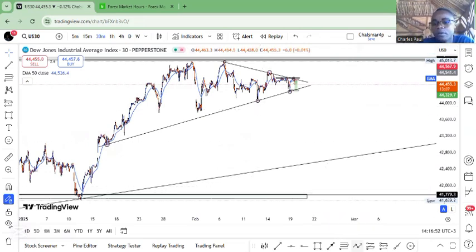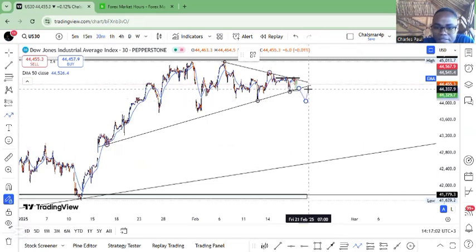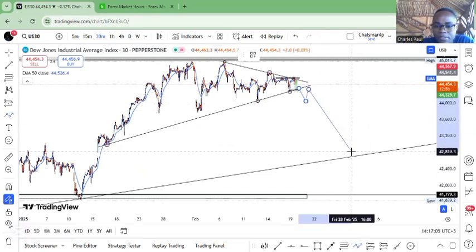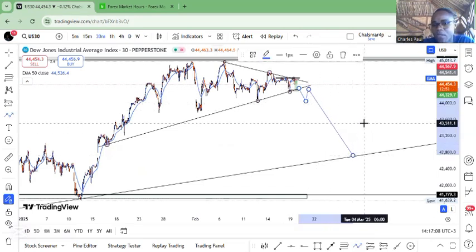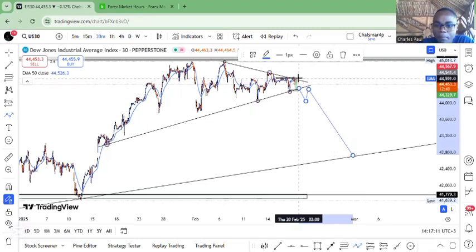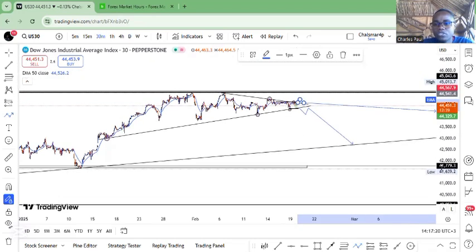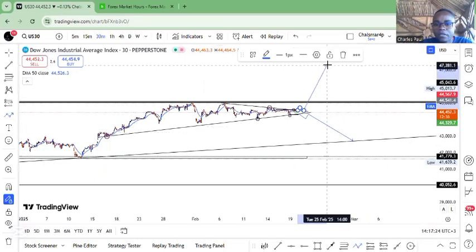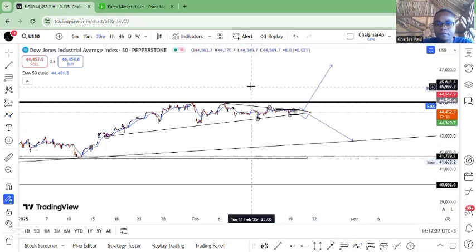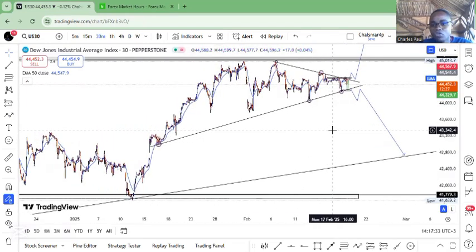Now what I will do is wait for the market, guys, either to break and retest this structure, then I will continue holding this trade to the downside, or else the market may break this level, give me the retest, and then I will continue holding this trade to the upside. These are the options that I have currently. You know what I'm saying? You need to pay much attention. You need to wait for the best setup.